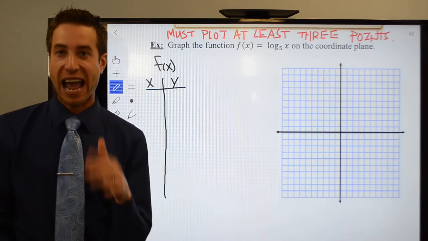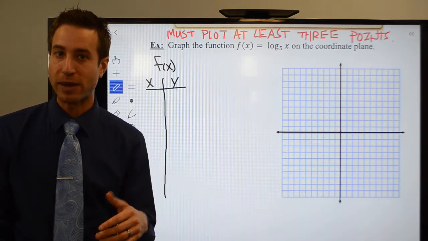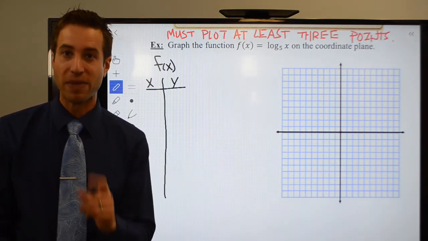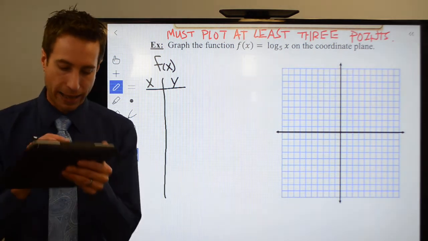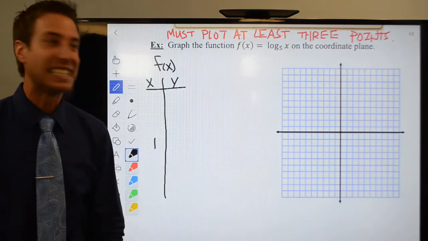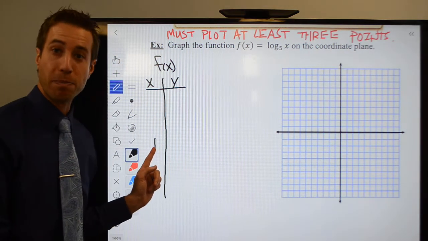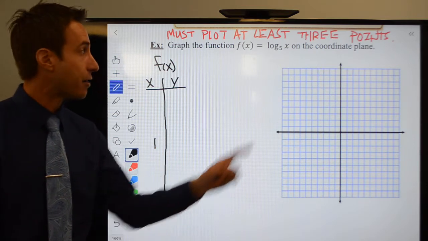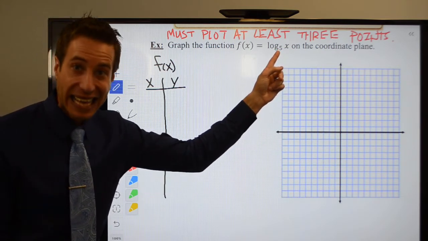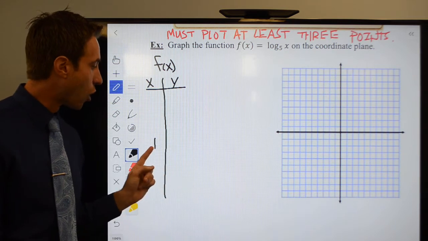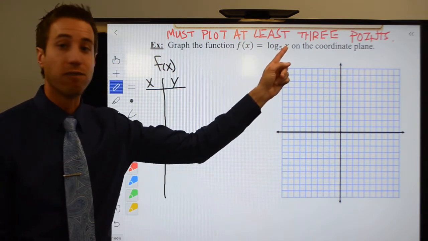We know that every logarithmic function without transformations has to go through the point 1, 0. Here's the reason why. It doesn't matter what the base is. This base can be anything, right? As long as I'm taking the log of 1.